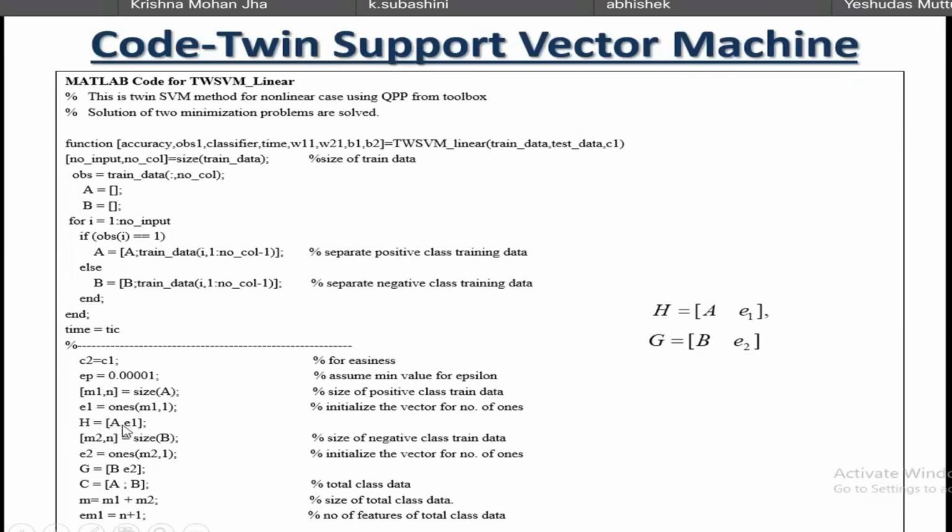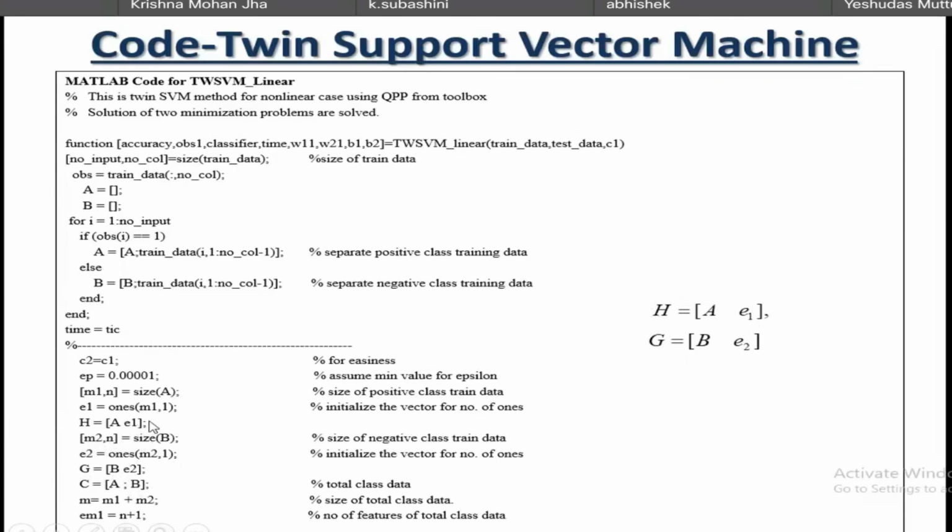In the same manner, m2 comma n is equal to the size of B, and the same things you calculate for e2. Then G you define as B augmented with e2. Ultimately, when we look at the formulation, H is defined by A augmented with e1 and G is defined by B augmented with e2. That is what you are doing here.